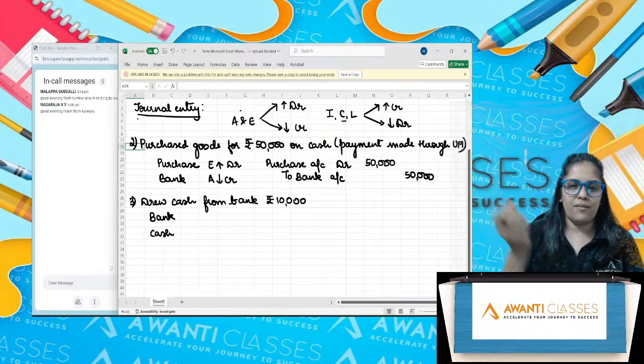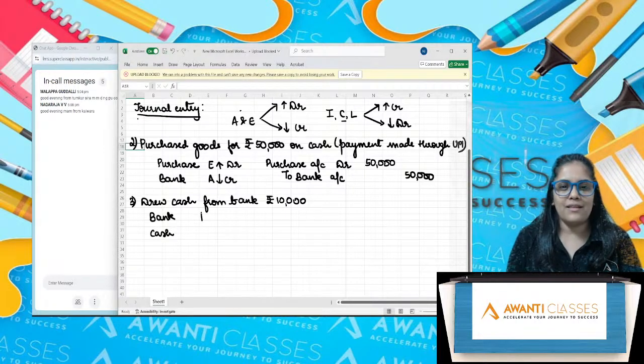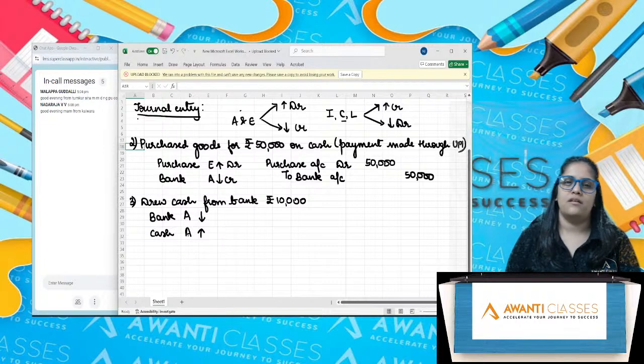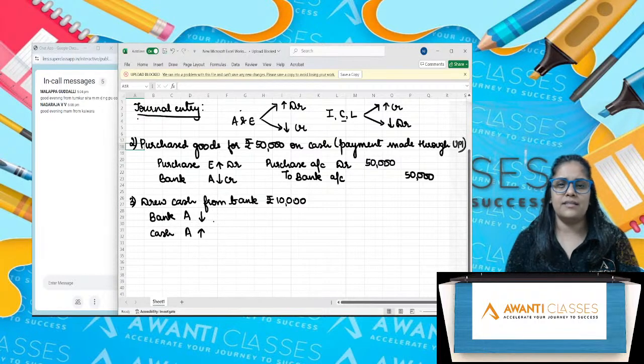Yesterday we studied bank is an asset, cash is also an asset. Bank asset decreases, so you credit. Cash is an asset that will increase, so you debit.